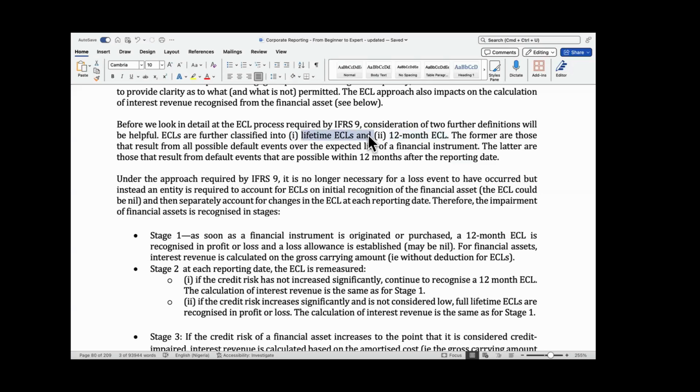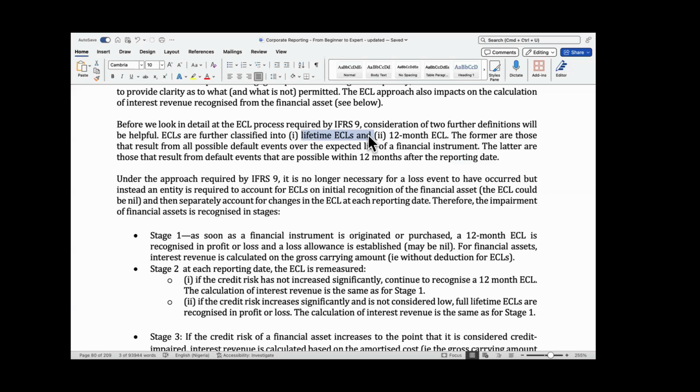So this one, you are saying that, okay, the possibility that you will lose your money over the life of these investments. So that means that if you borrow somebody money or you lend somebody money and the guy is supposed to pay in the next 5 years, lifetime ECL requires that you have to look at events that would happen in that 5-year period, events that might make you lose your money.